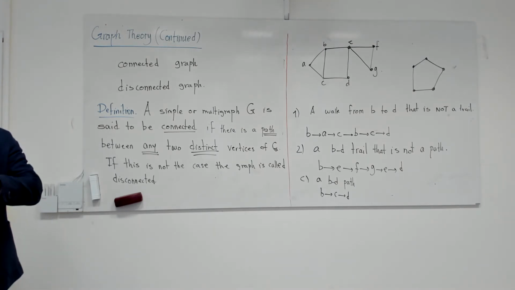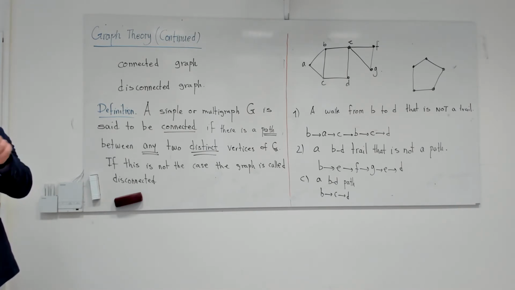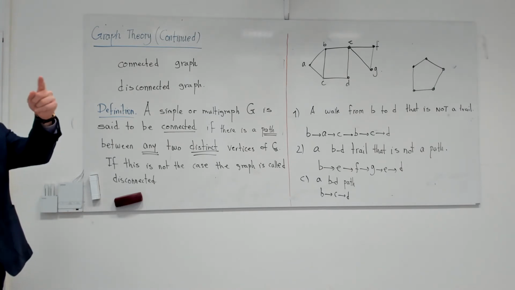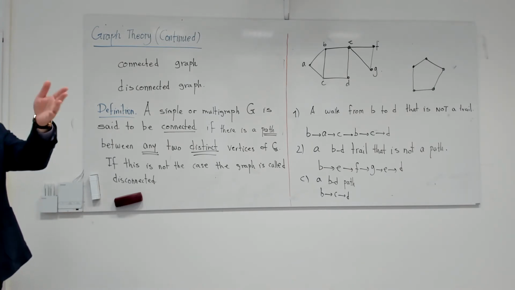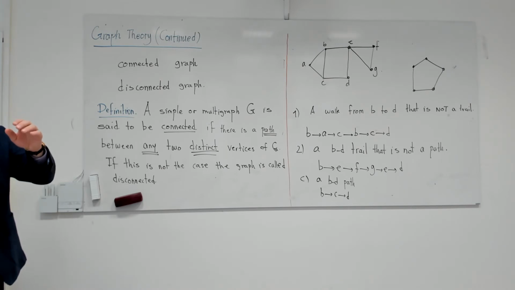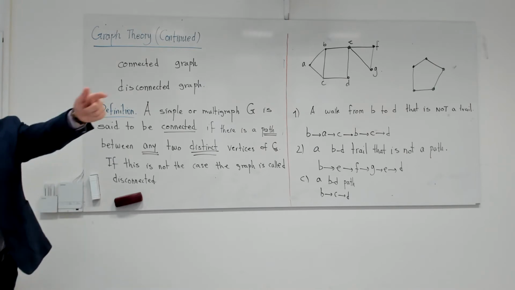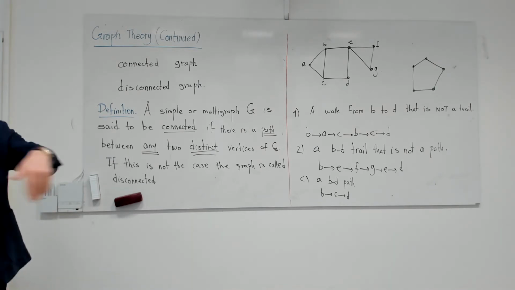So if you have a walk from a point to another point, probably you can eliminate what is not necessary from the edge point of view. If you are not repeating any edges, that walk is already a path. But if you are repeating an edge, it means that probably you go back to one of the vertices that you have already had, so you can just ignore going through that step and coming back. You just cut it and throw it away.